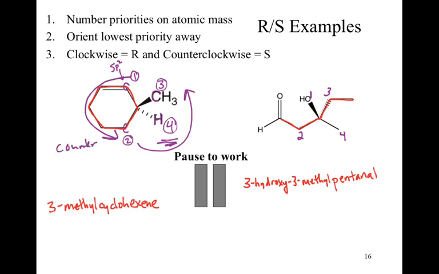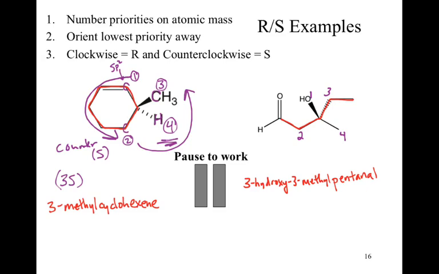I always get that backwards, but I think I got it right there. Counterclockwise, which means we assign S. So in our name, we would then have to specify the location, position 3. We have the S orientation, so we could say 3S, 3-methyl cyclohexene.